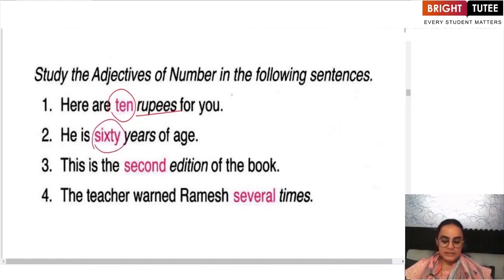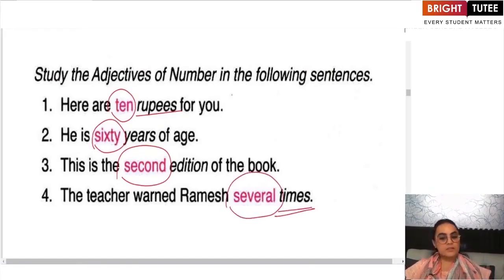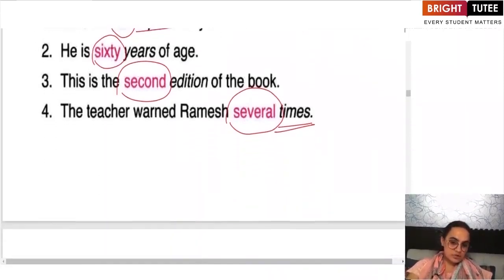He is 60 years of age. So I know the years. How many years? 60 years. This is the second edition of the book. So this is the order in which the book was published. The teacher warned Ramesh several times. Again, several, as I told you, is an adjective of number because it is used before a noun which is countable in nature.